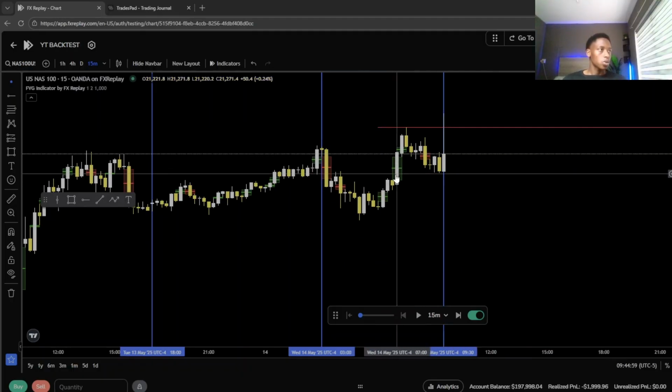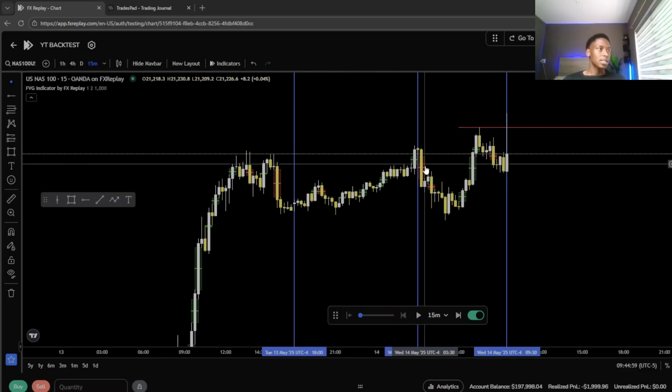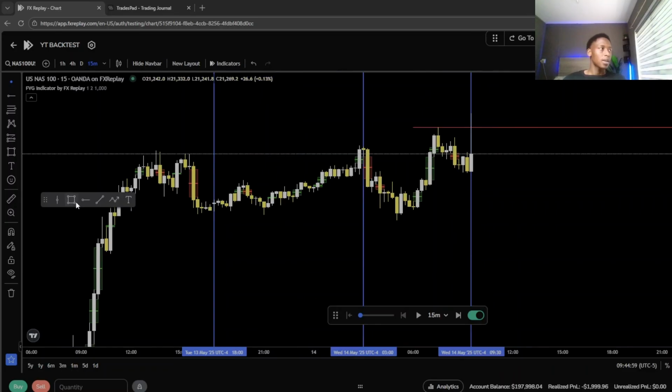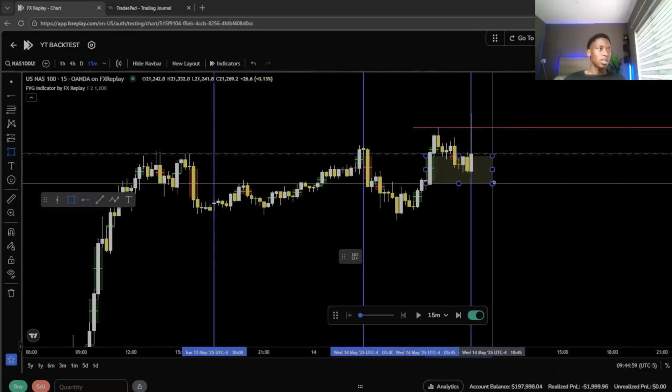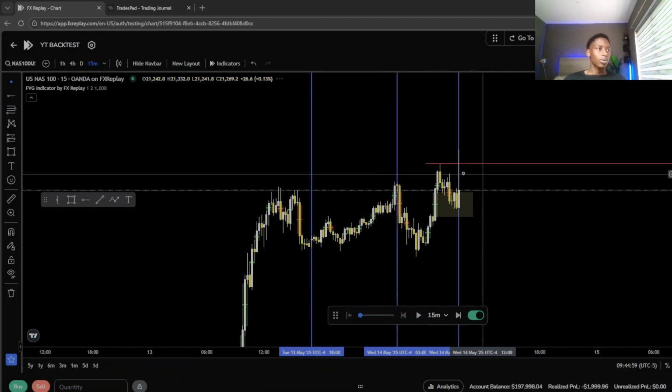Cool. So in Tokyo session, we were consolidating in a sense. We sold off in London and then we got some displacement. Price is relatively within this range over here. So let's see if we get some smart entries, right, with the target that we have over there.